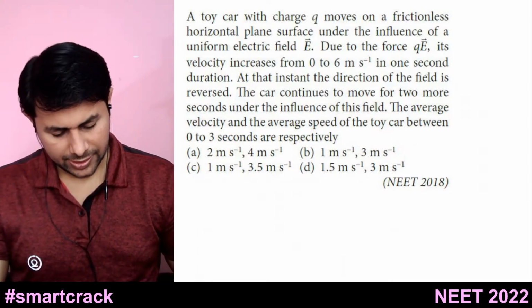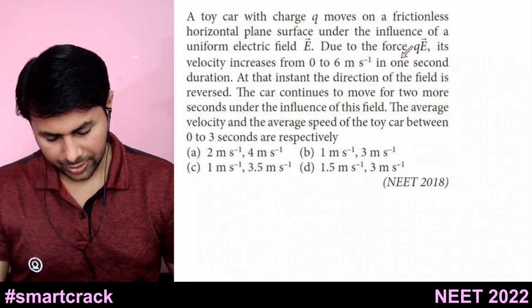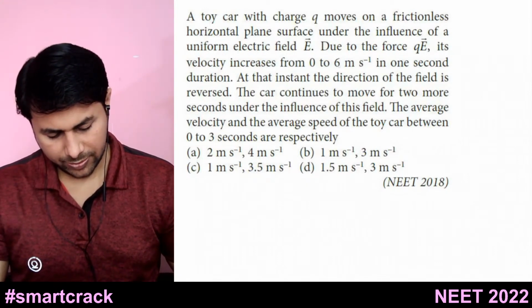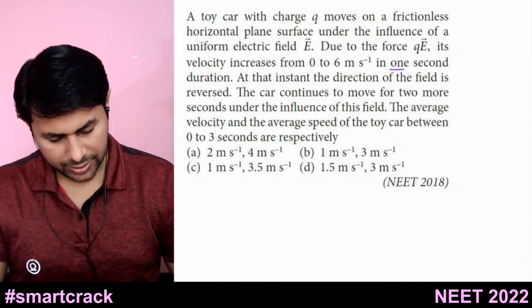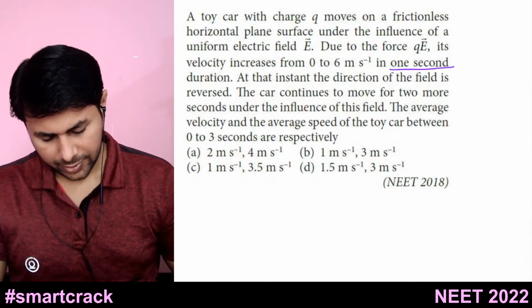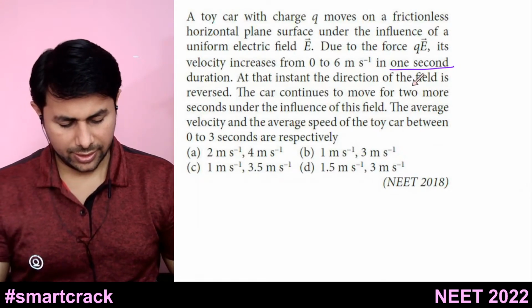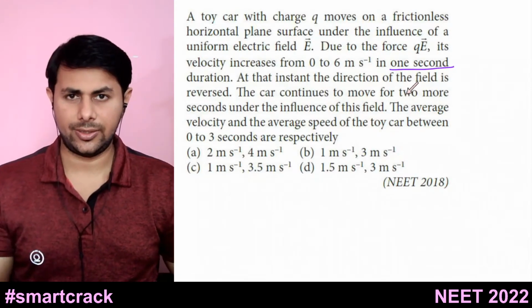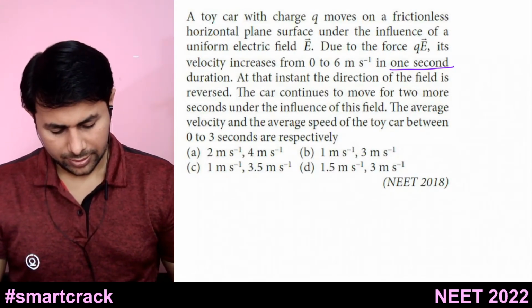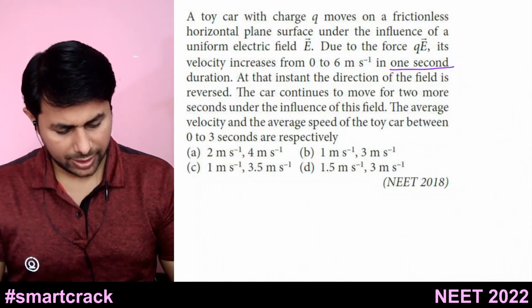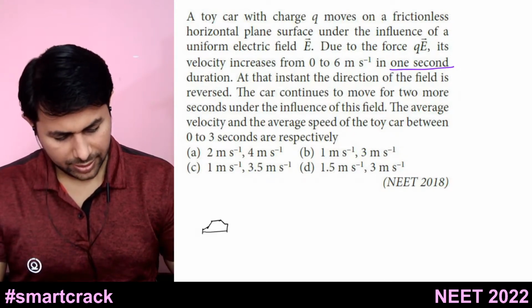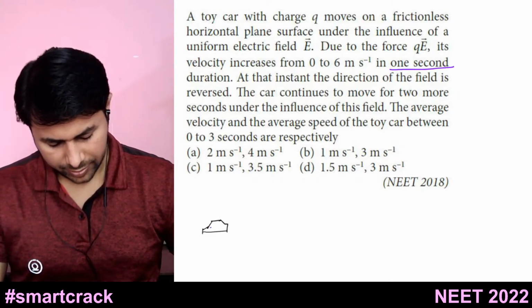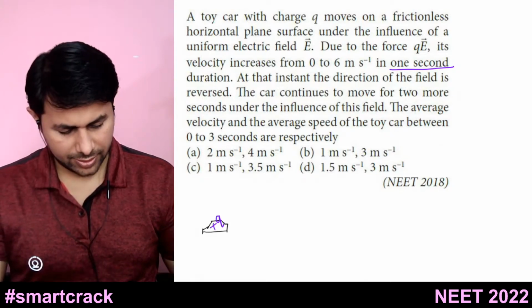So when was the direction of the electric field reversed? Its velocity increases from 0 to 6 meters per second in 1 second, and at that instant the electric field is reversed. So we have a toy car, there is some charge plus q on this toy car.